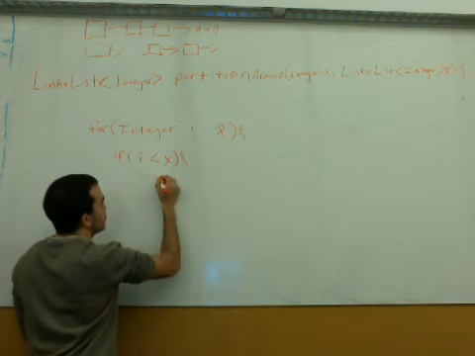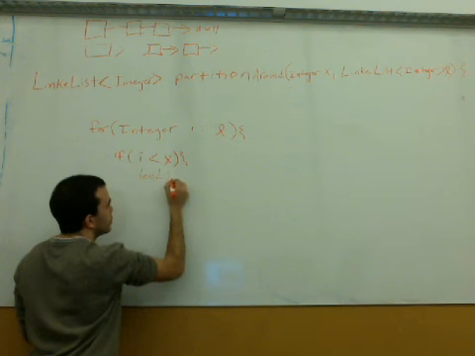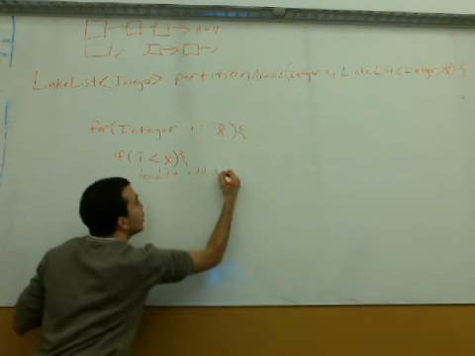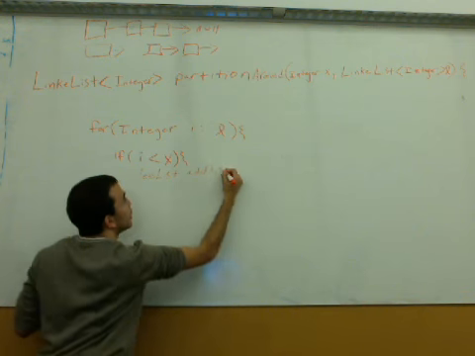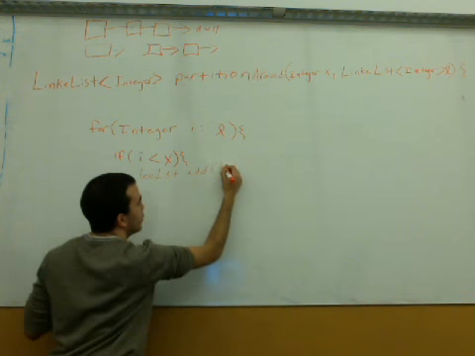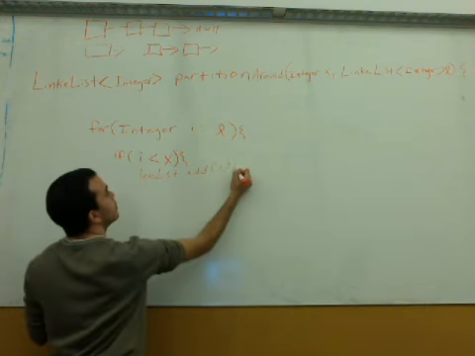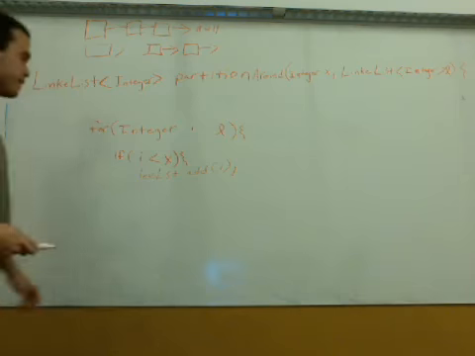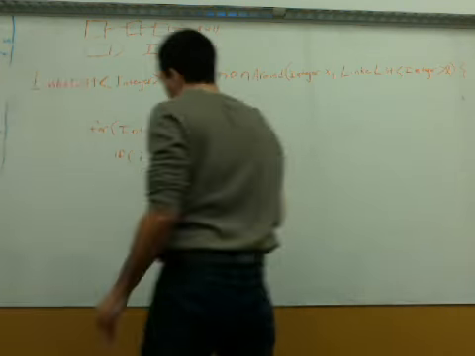Less list, add I. If I is less than X, less list, add I.